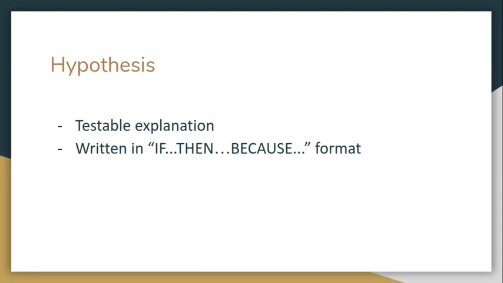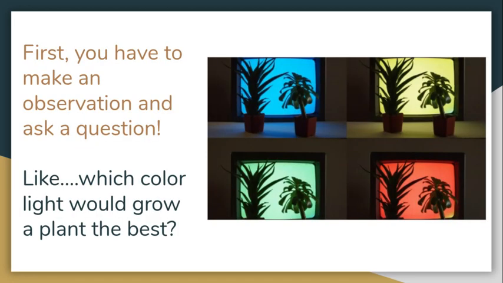Okay? So if, then, because formats. And that kind of helps you also to know what your independent and dependent variables are, which we'll talk more about next week. Okay, so all of these parts are part of experiments.